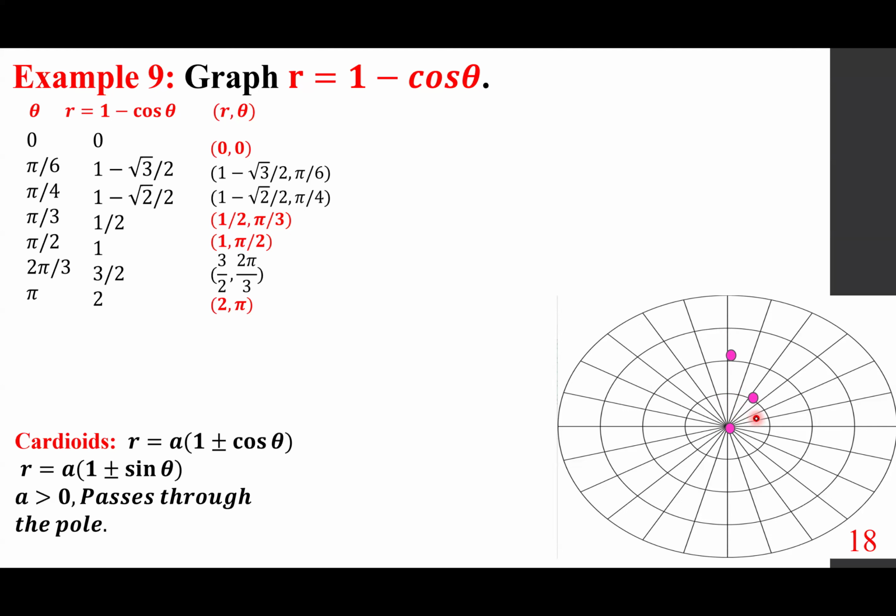So we got those. And if we go pi, this is pi, we go 2 tick marks. So 1, 2, 3, 4 tick marks means 2. Okay, so, oh, that's 3 halves. 2 power 3, everybody. This is 3 halves. That was an easy one.